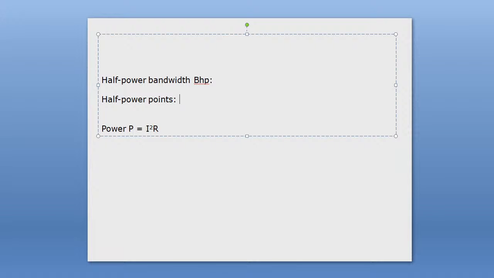There are two points on the resonance curve where the power of the circuit becomes half of its maximum value.